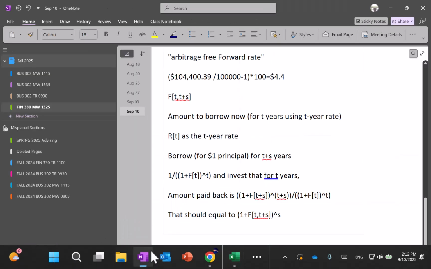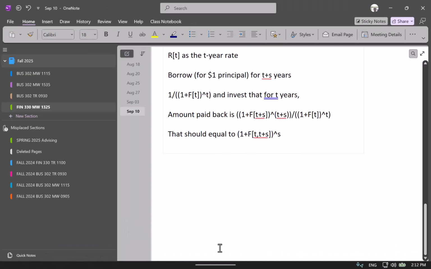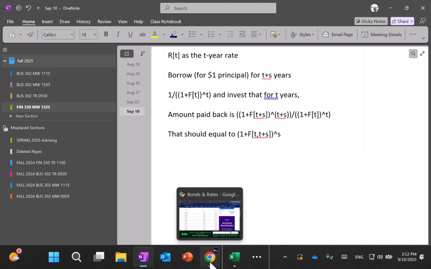Oddly enough, when swaps first started, the spot market was the most liquid. So spot market determined the forward rates determined the swap rate. Now the swap markets are so liquid, you actually should start with the swap market and reverse engineer the spot rates and forward rates.